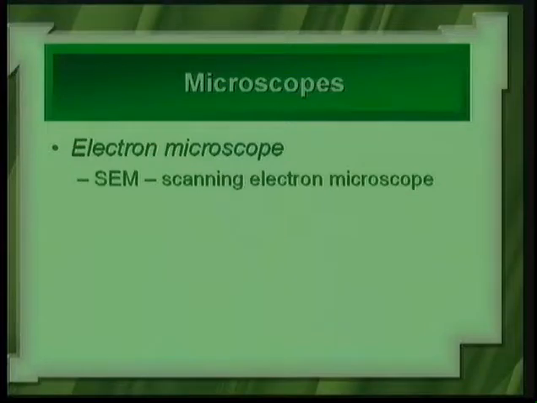Okay, so that is a drawback of the compound microscope. Now the electron microscope has a good quality, is that generally you can see things that are very, very, very small. You can even see atoms nowadays with some. And one kind of electron microscope is known as the scanning electron microscope, also known as SEM. We use SEM for scanning electron microscope.